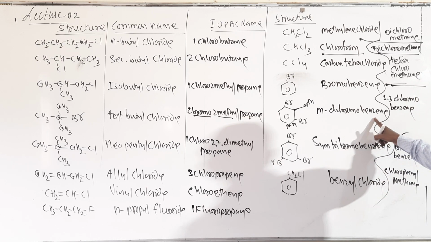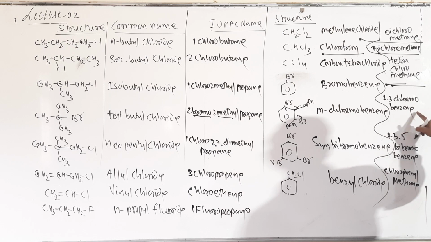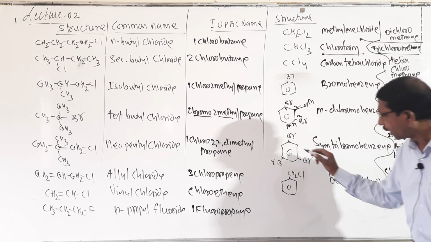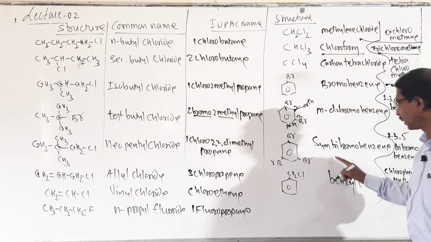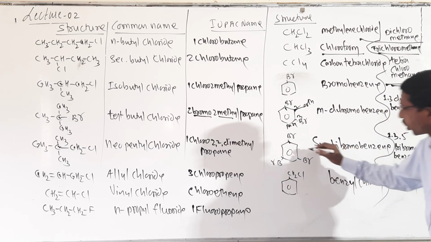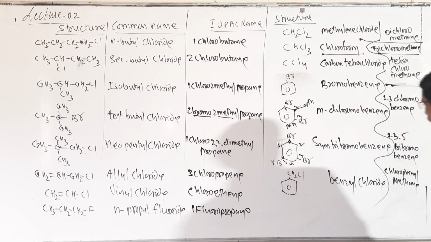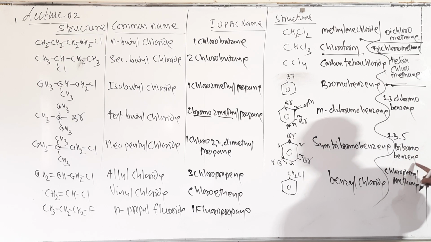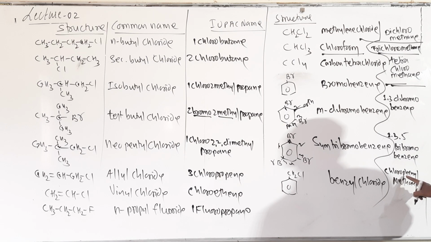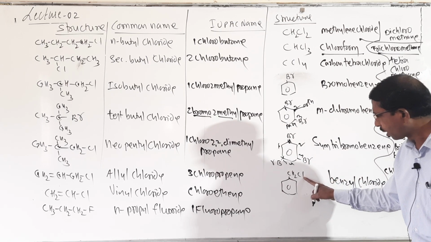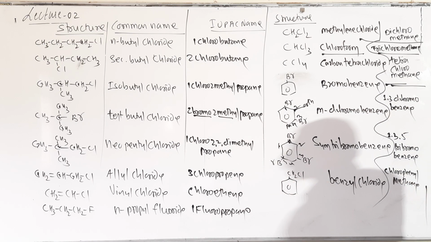So it is meta-dibromobenzene, and its IUPAC name is 1,3-dibromobenzene. Similarly, where three bromine atoms are attached symmetrically, it is symmetric tribromobenzene, numbered 1, 2, 3, 4, 5, 6, so it is 1,3,5-tribromobenzene. And the last one is benzyl chloride, which is chlorophenylmethane.